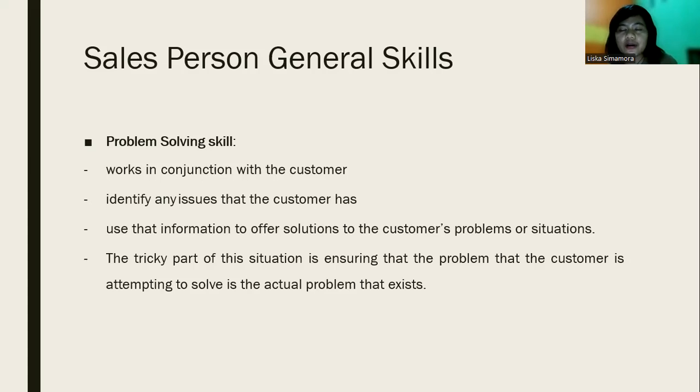Okay, so we have the relationship with the customer, and the customer will tell us about the problem, and they expect us to solve their problem, right? So we have to have the skill to solve the problem because they think that the product we have or the company we are working in is the solution to that problem. So we have to solve that.